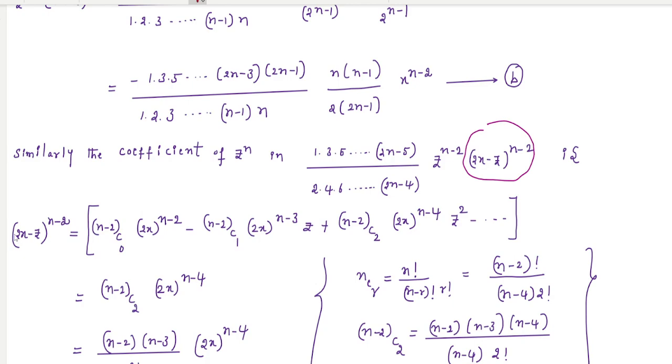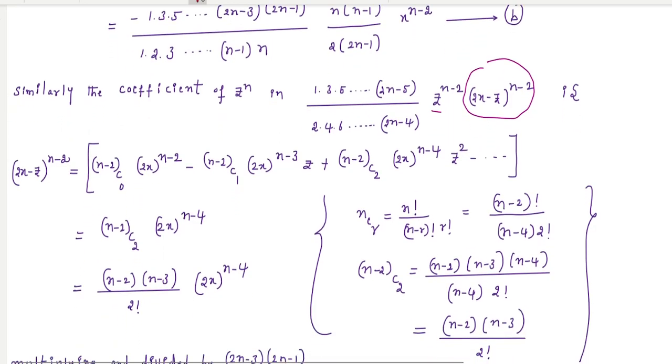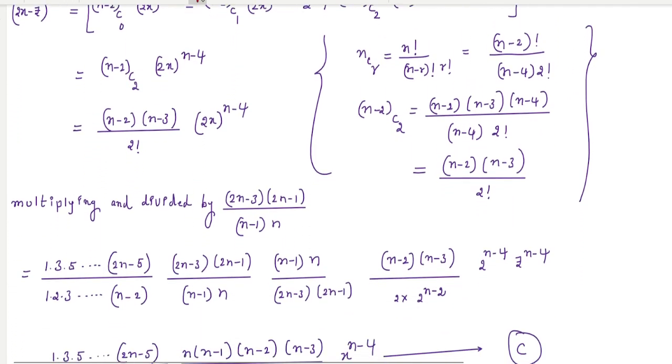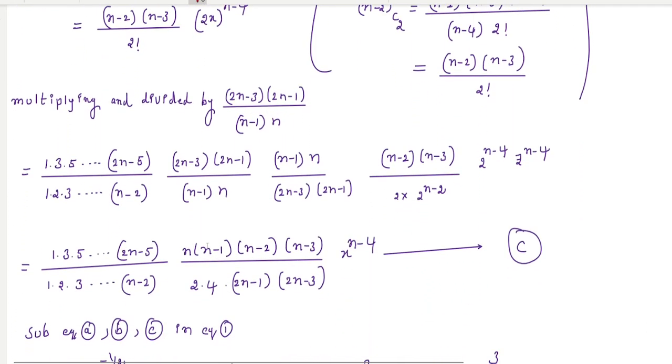Like that, you expand this one also, then multiply this term, then you compare the z power n coefficient. Then you'll get the c value. So I got here three equations, a, b, c.